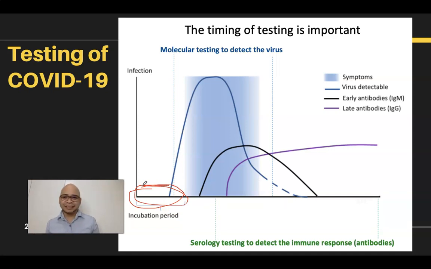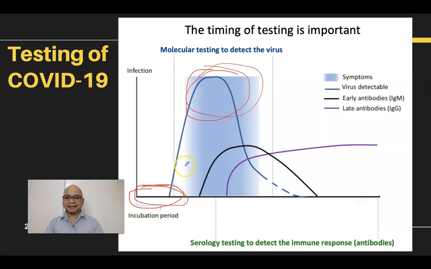It doesn't necessarily mean that you do not have the infection. Now, as you can see, as your symptoms start to occur, the virus can now be detected. There's a big chance that you will be positive with RT-PCR and antigen testing at this point.